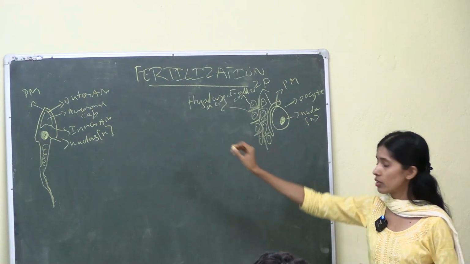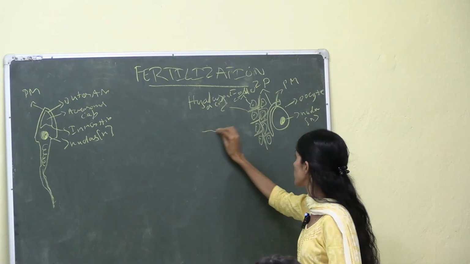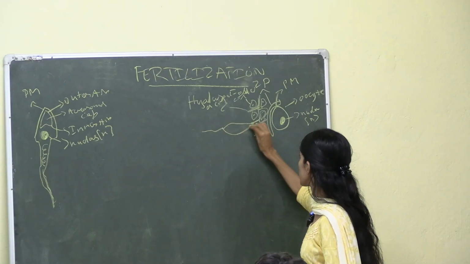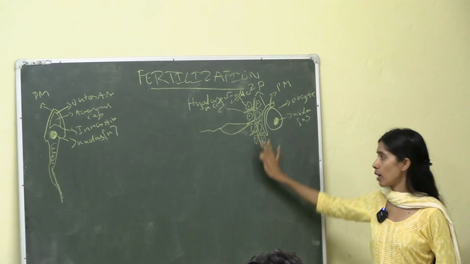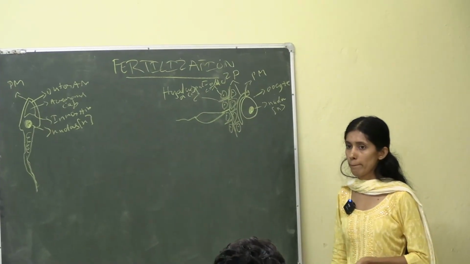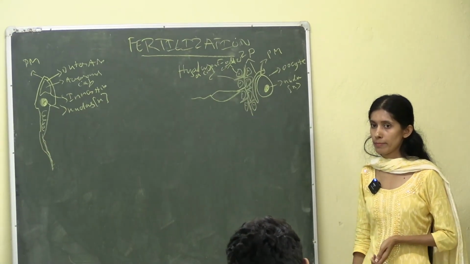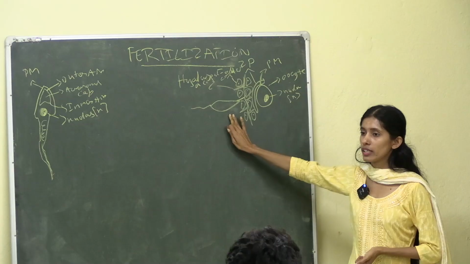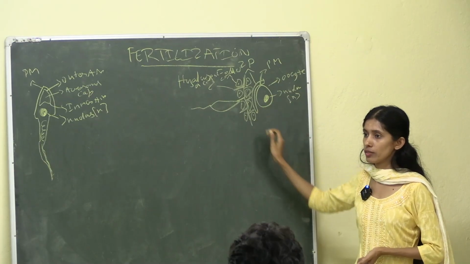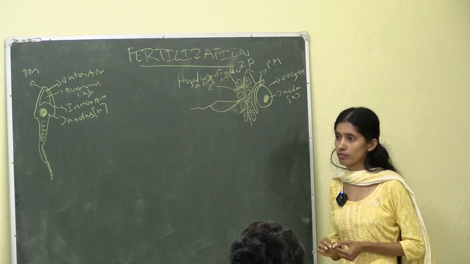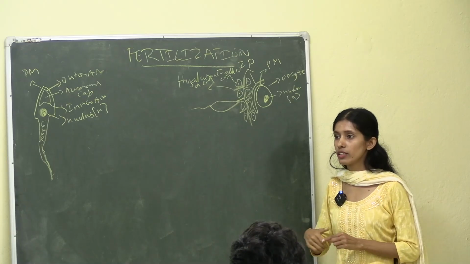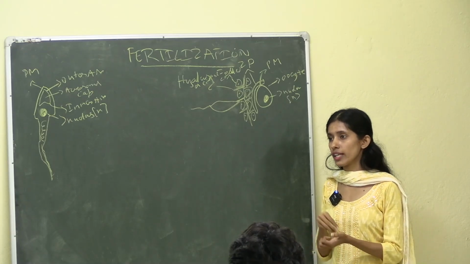Now the male gamete will come and try to fuse with the female gamete. So what happens here? What changes should the male gamete undergo before entering?